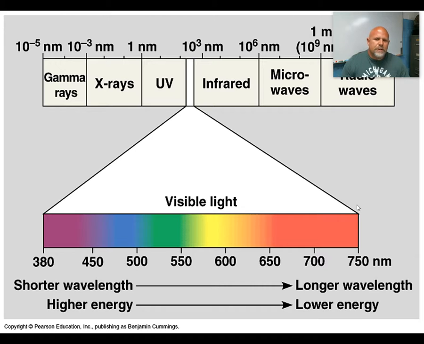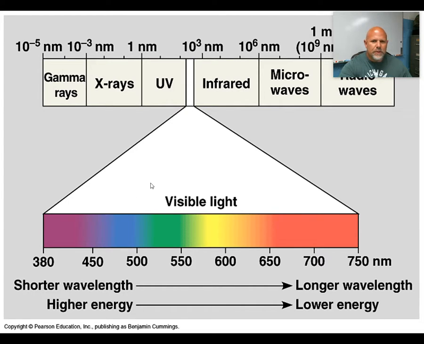So the light source that plants use is the visible light spectrum. If you look, here's the light spectrum across the board up here. These are higher energy waves: gamma rays, X-rays, UV. These are lower energy waves, so they have longer wavelengths, less waves hitting you per second. Infrared, microwaves, radio waves. And the visible light spectrum kind of falls smack dab in the middle here.